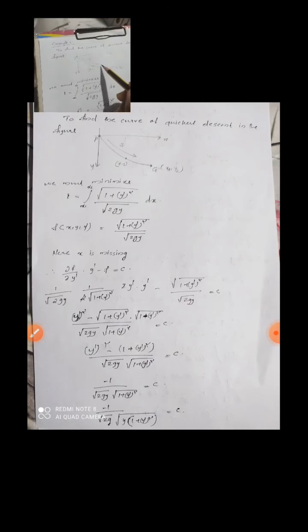Next, we have to move to example 3, to find the curve of quickest descent. Then we must minimize I is equal to integral from x1 to x2 of root of 1 plus y dash whole square divided by root of 2gy dx.